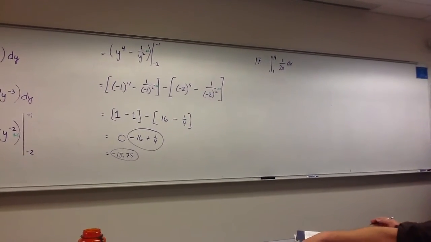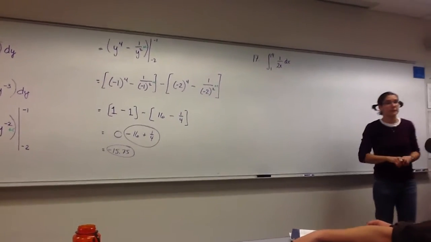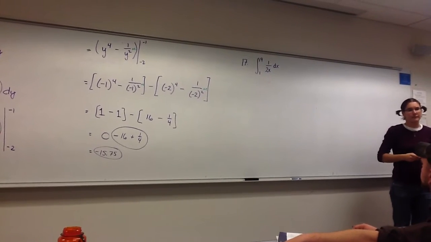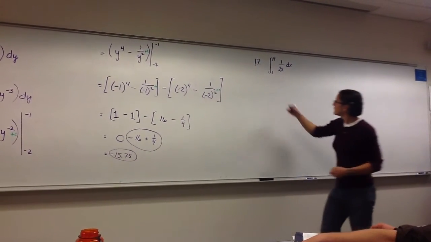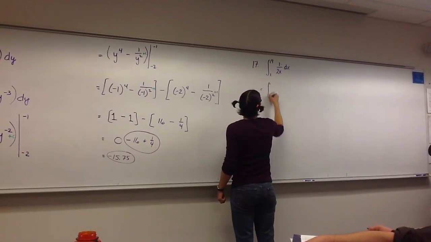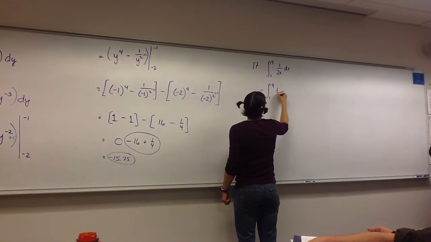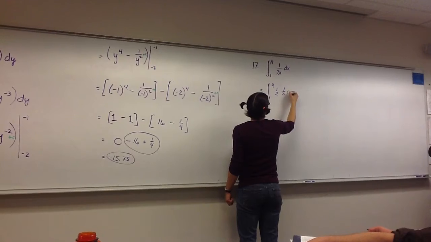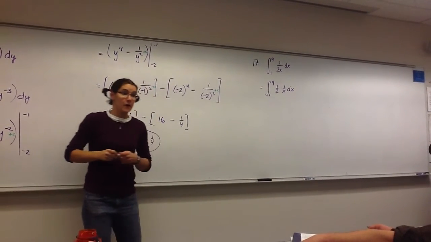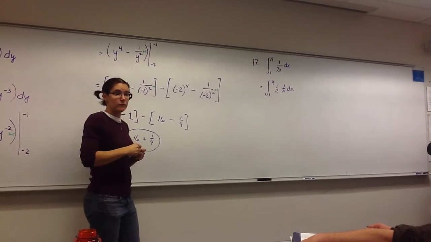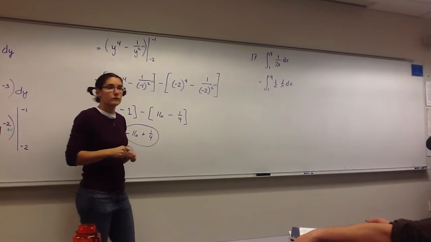All right, so Erin, this was your question. What are your thoughts? I broke it up into half times 1 over x. Okay. And then I took the antiderivative of that, and I got 1/2 times natural log of x.